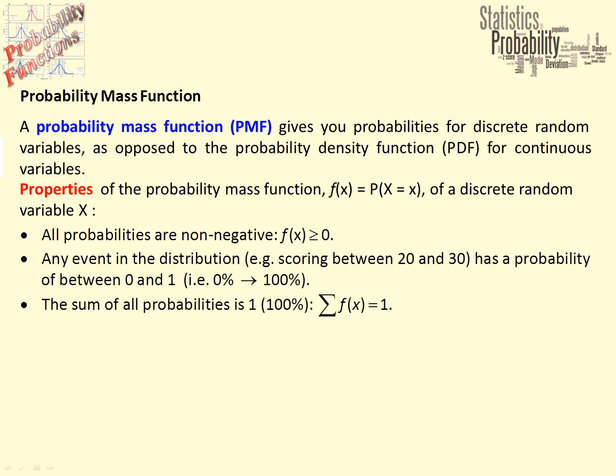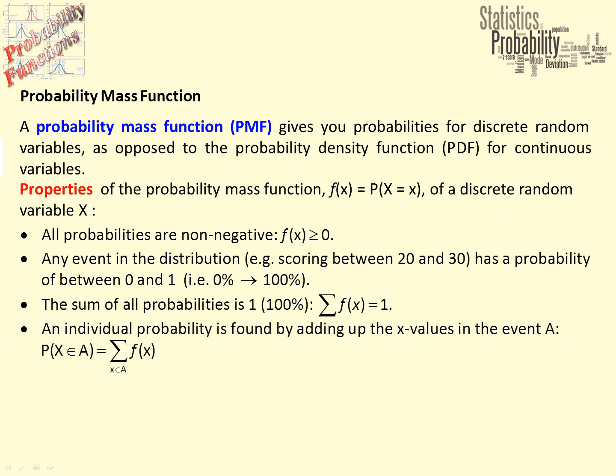The sum of all probabilities is 100%. An individual probability can be found by adding up the x values in that event A. So, for example, we might say we throw 2 dice. What's the probability of obtaining a sum of 8? So we say, well, what x values within all the different possibilities will give us a sum of 8?